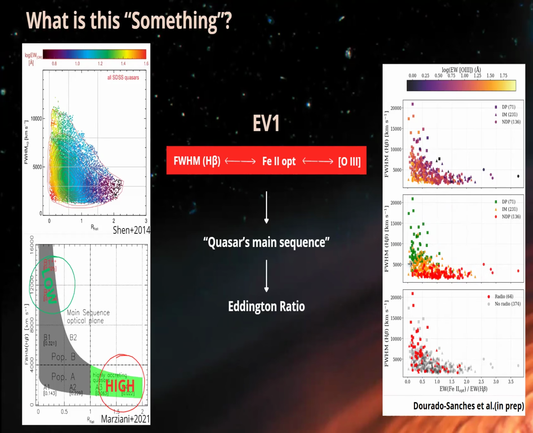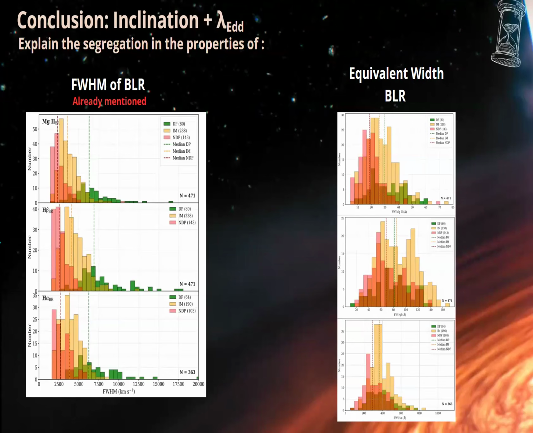So in the previous slide, I said that inclination alone could not explain how much the bolometric luminosity decreases from one subsample to another, and adding the Eddington ratio to this explanation fills the gap that we need. So our conclusion is that inclination plus Eddington ratio lead all the trends that we find.